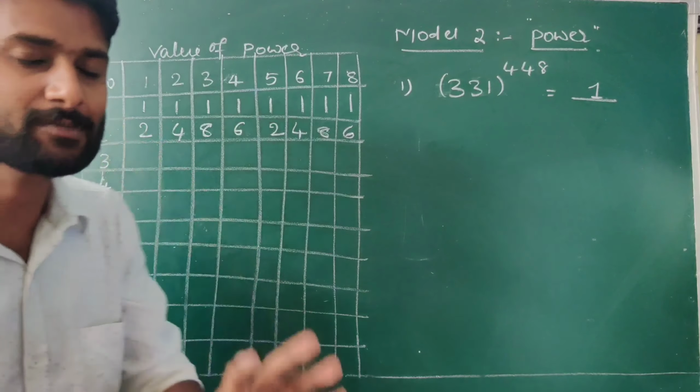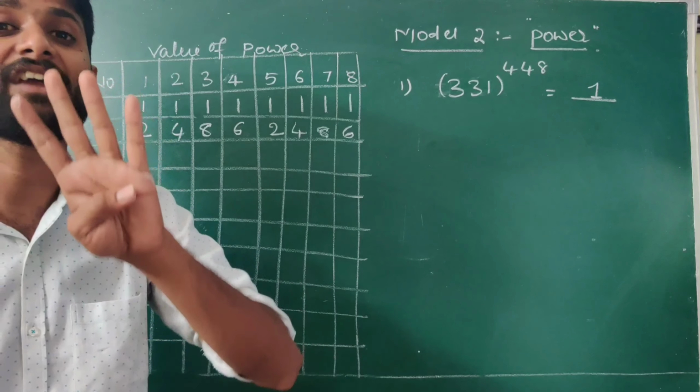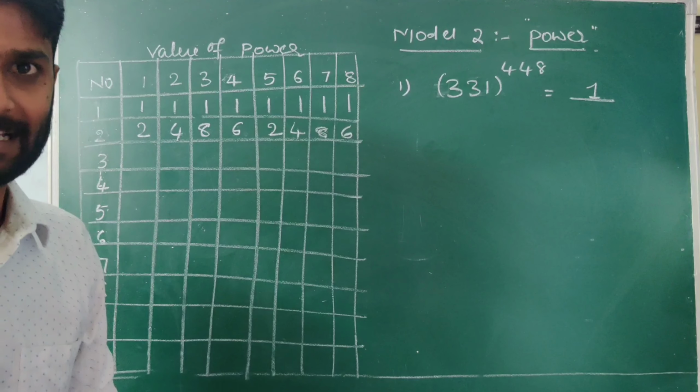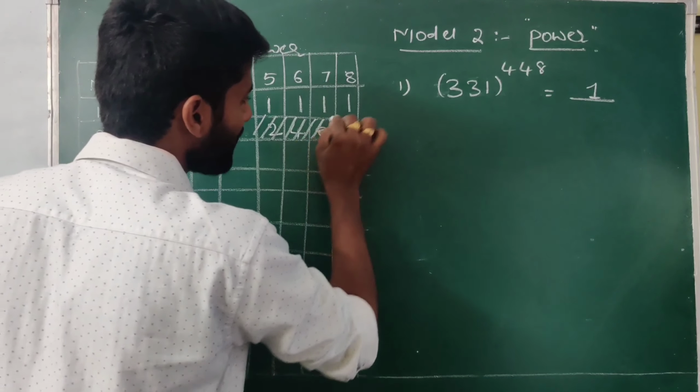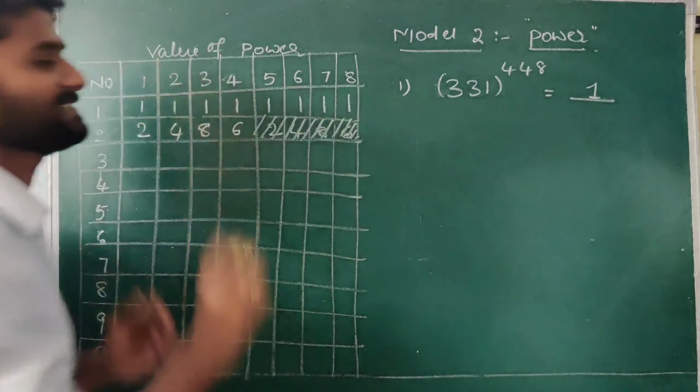I am not focused on the resultant values. Clear? For this entire sheet, 2, 4, 8, 6 are four digits which are repeated every time in the 2 power cyclic.